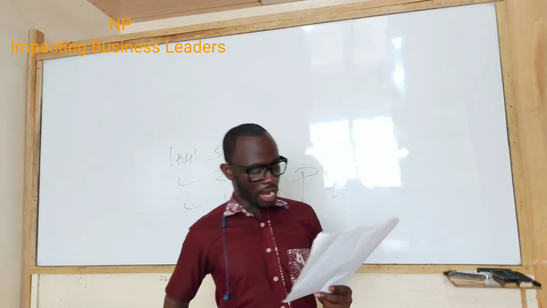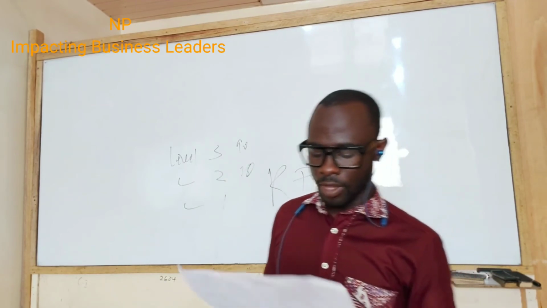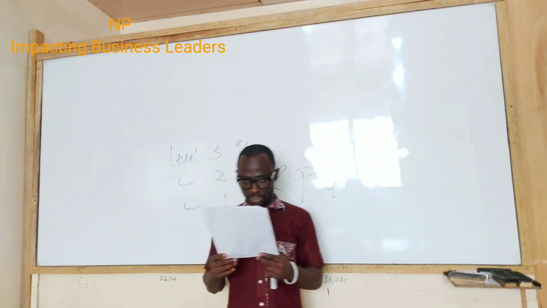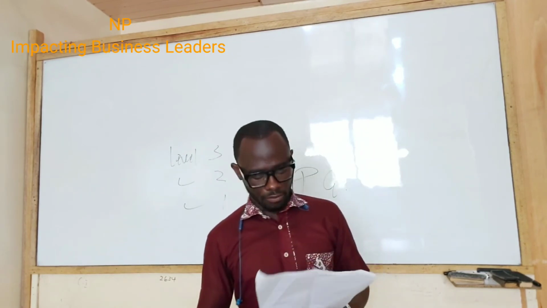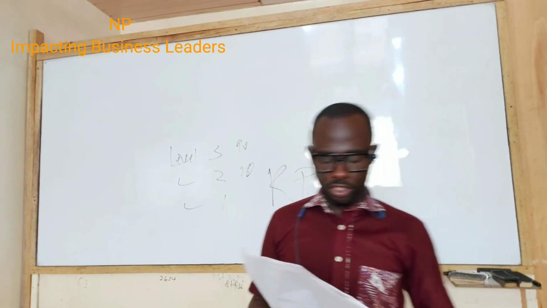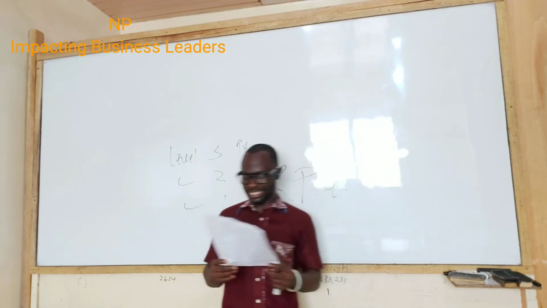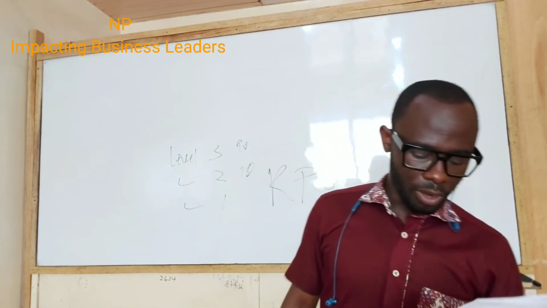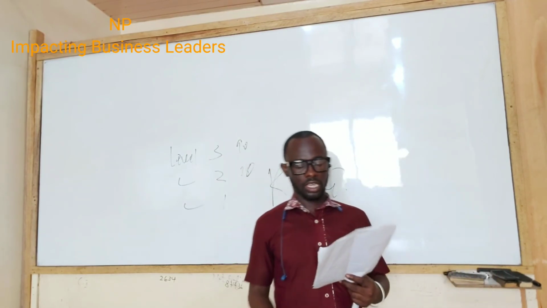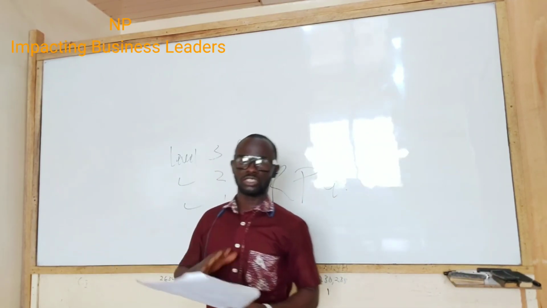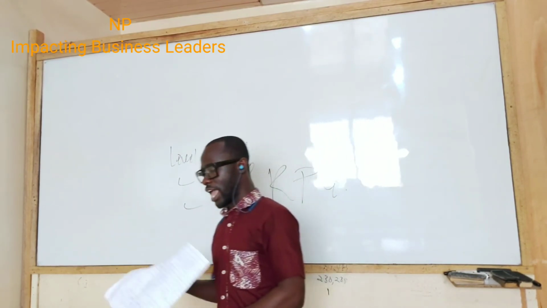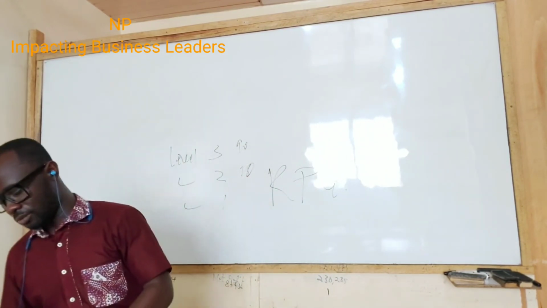RPG 1 is Reporting on the Long-Term Sustainability of an Entity's Finances. RPG 2 is Financial Statement Discussion and Analysis. And then RPG 3, Reporting Service Performance Information. These don't have equivalents in the IASs, so they are exclusive to the IPSAS.